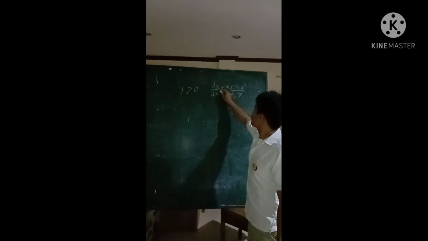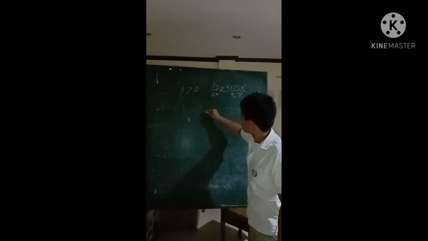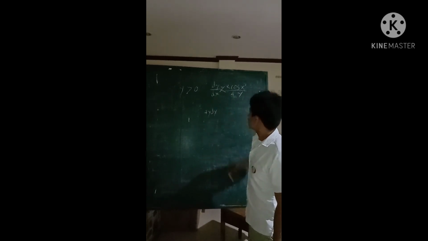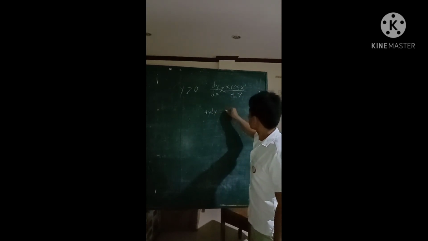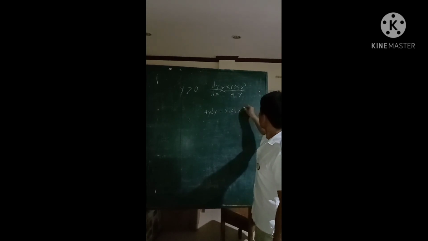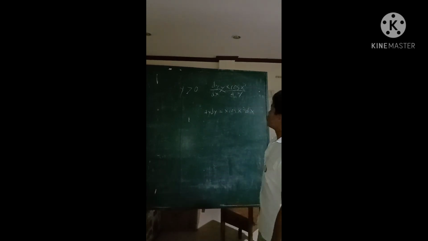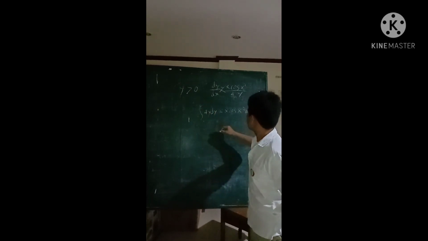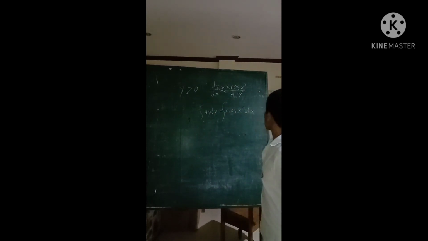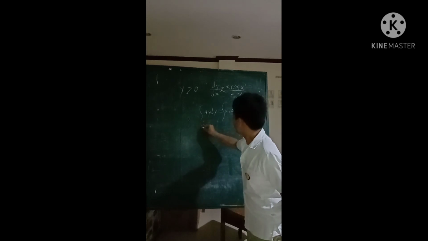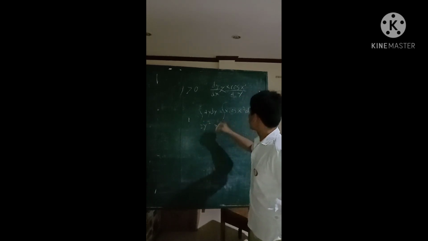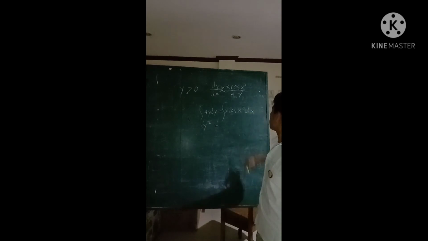So 4y dy on one side, and x cosine x squared dx on the other. Okay, we can integrate both sides. The integral of 4y dy equals 2y squared, and then the integral of x cosine x squared dx.